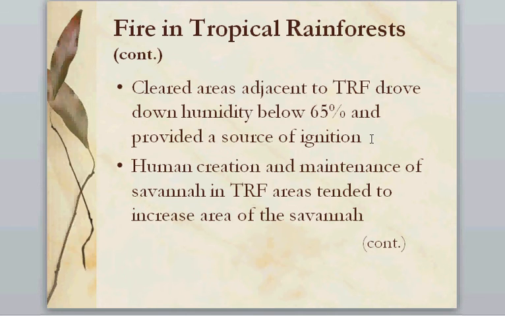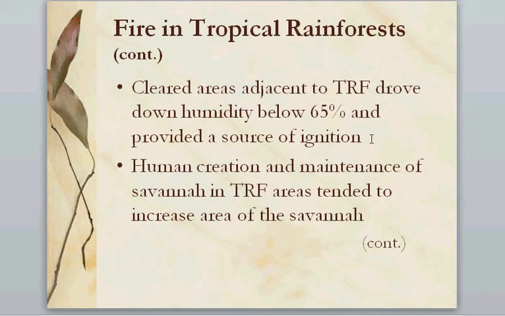They will remove the trees, and that reduces the humidity to below 65%. But not only that, the presence of humans and human activities, particularly agriculture, would provide fire, a source of ignition. So whenever humans arrive in a tropical rainforest, they quite often bring with them the fire.